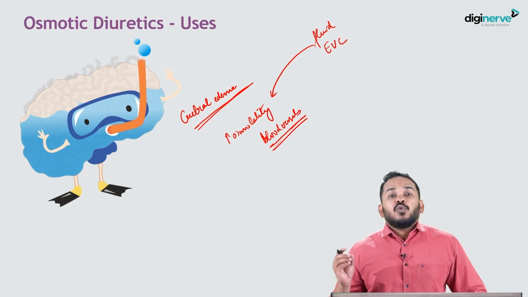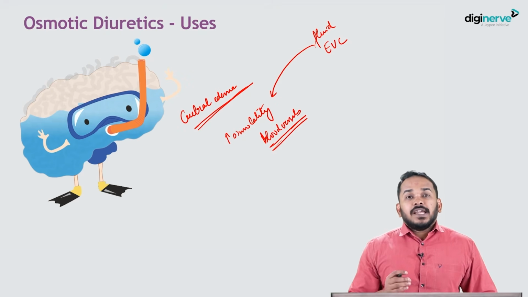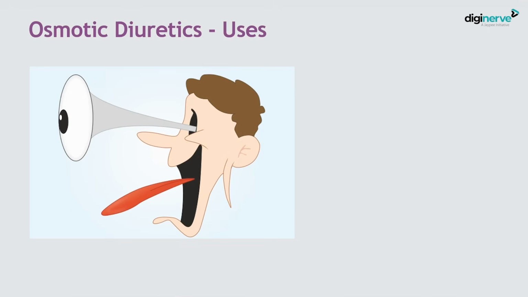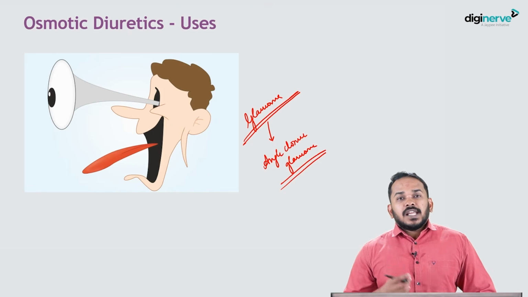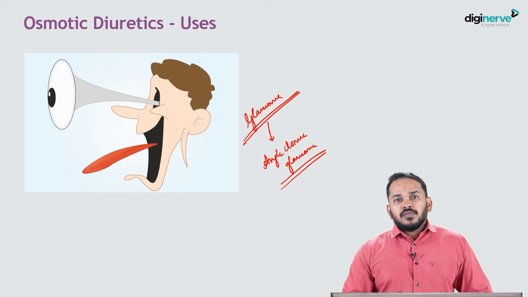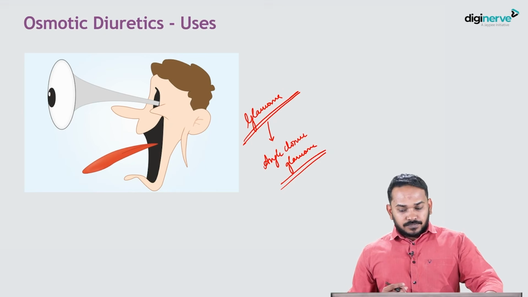So fluid moves from the edematous area of the brain into the blood vessels, thereby resolving edema. They are also used for the treatment of glaucoma, especially angle closure glaucoma. So the two main indications for osmotic diuretics are cerebral edema and angle closure glaucoma.